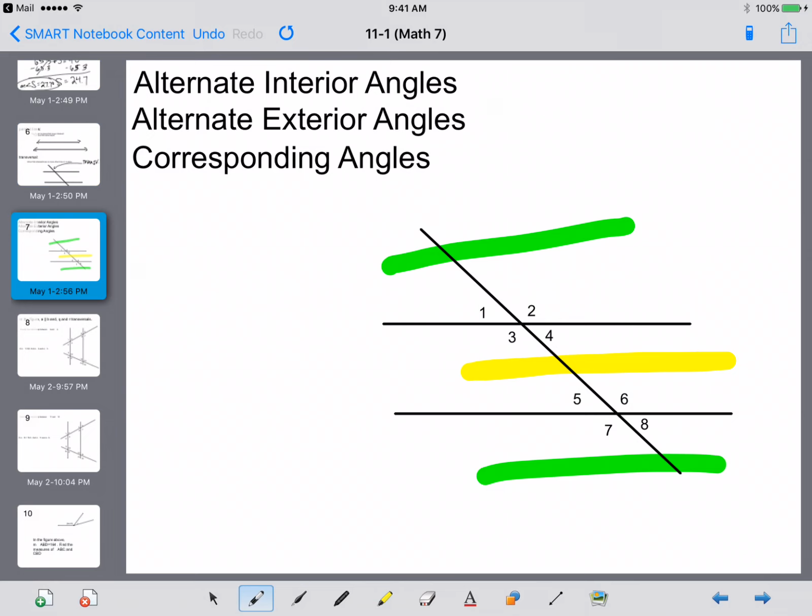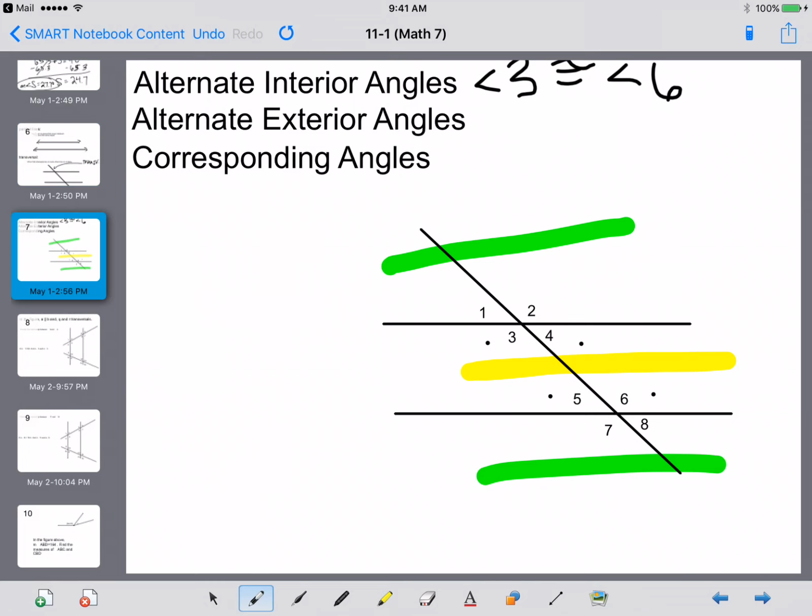So if we choose angle 3, its alternate interior angle, which it's also congruent to, is angle 6, because they're on the inside and they're opposite. Alternate is like on the other side. Those two angle measures will be the same.